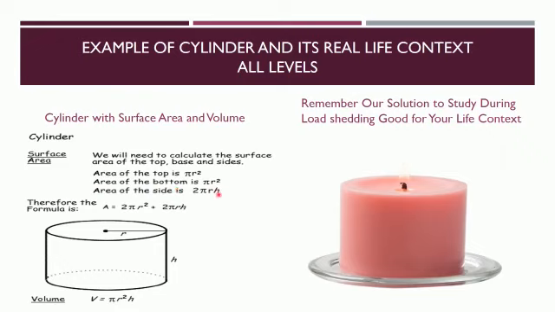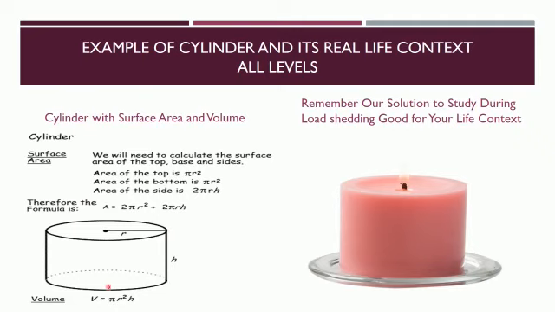So it's going to be what? Pi r squared. The area of the side, referring to the curved side, is 2 pi r, meaning the circumference of the circle, multiplied by the height.